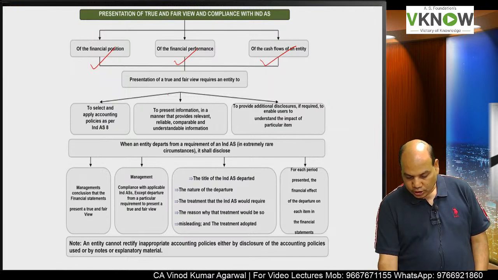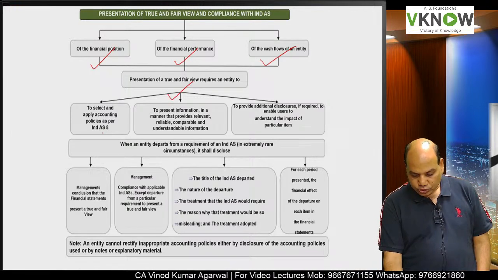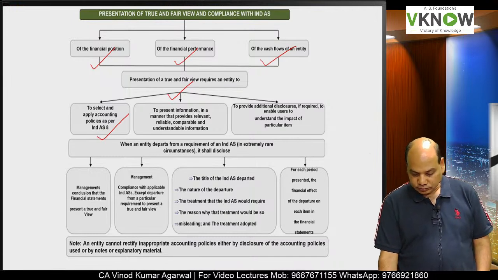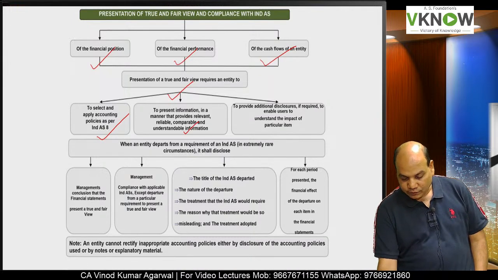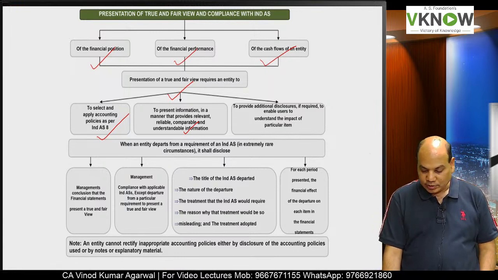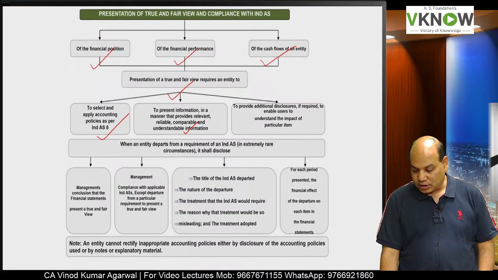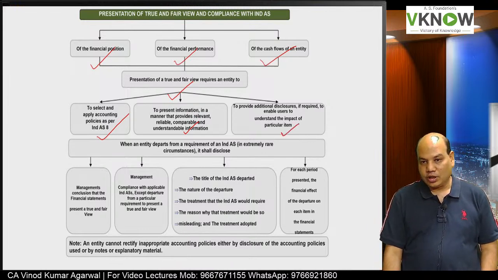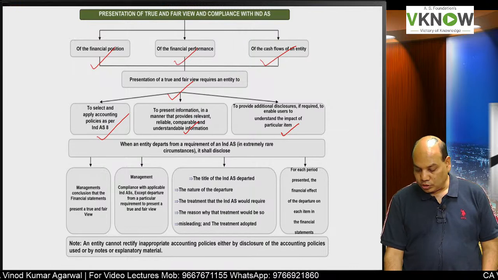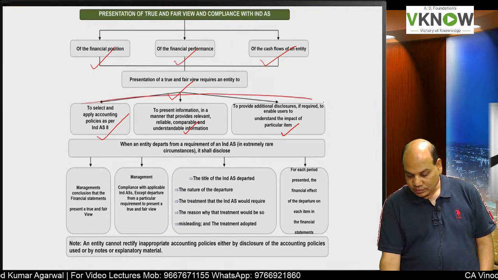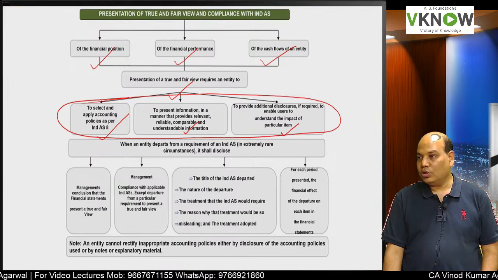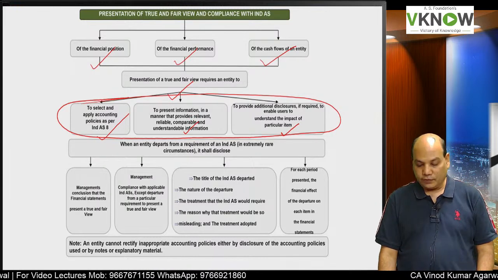Then true and fair requires selecting accounting policies as per Ind AS, presenting information that is relevant, reliable, comparable and understandable, and providing additional disclosure if required. So if you follow all Ind AS and you give all disclosures which are required, then your financial statements are true and fair.